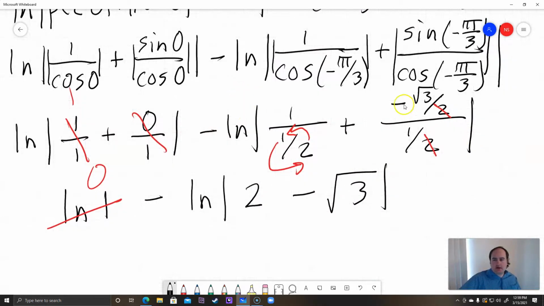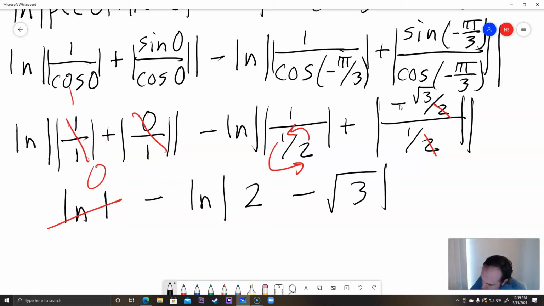Okay, and then over here, a big mistake that I made was having this be negative. So it didn't really affect anything until I got to the end here. So this is actually, when you take the absolute value of negative root 3, you get positive root 3. Okay?